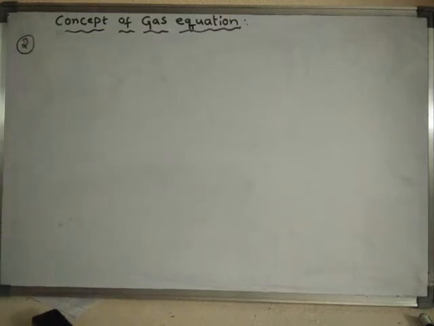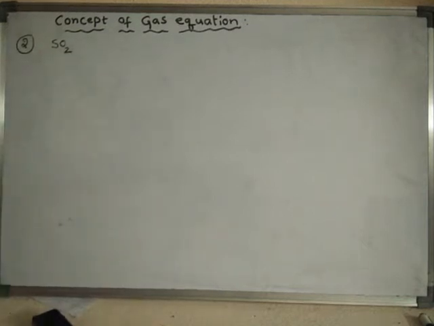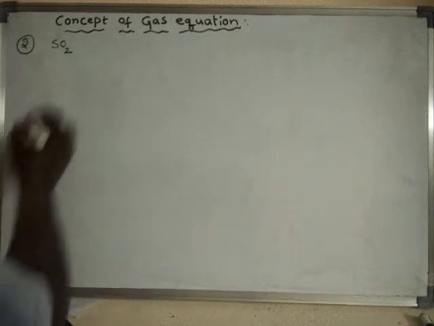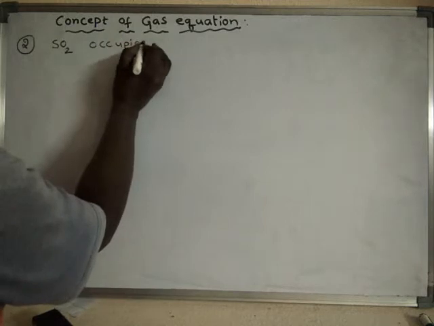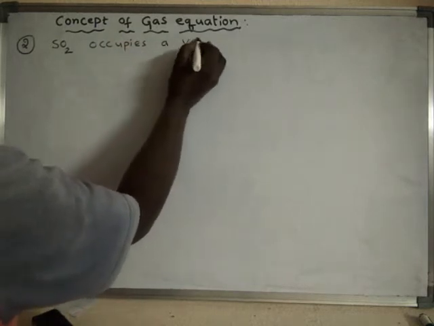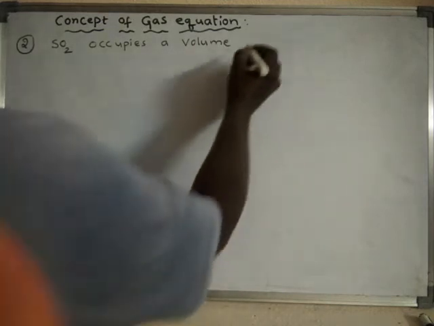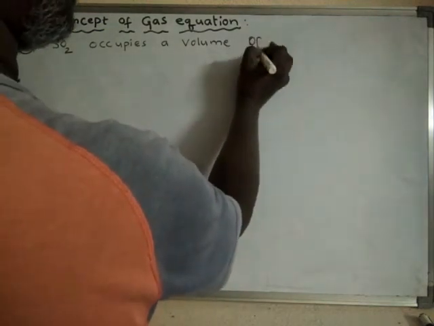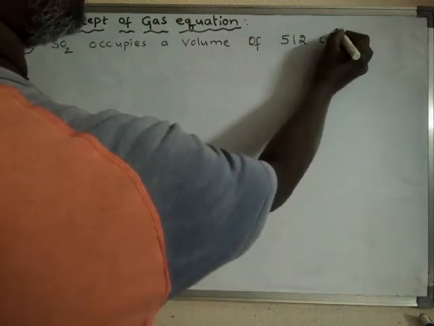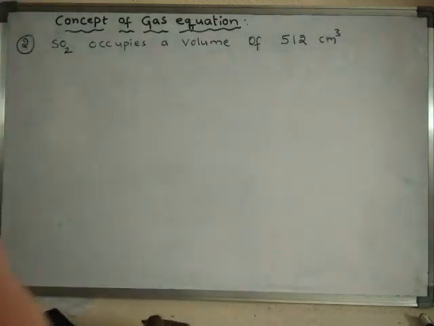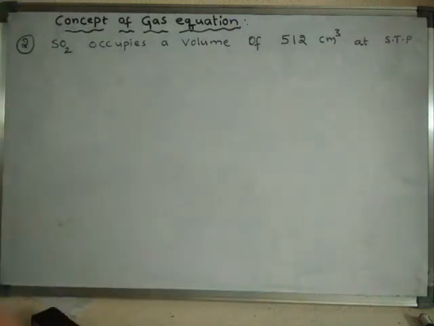Sulfur dioxide, SO2 gas, occupies a volume of 512 centimeter cube at STP.